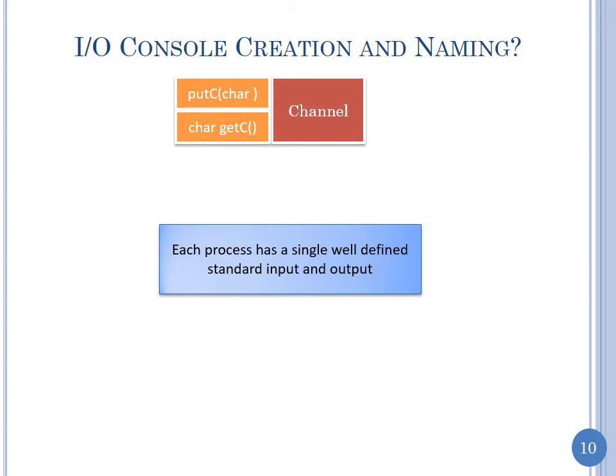This is an issue we did not quite face when we were looking at console input output. This should not be channel, this should be console here. In that case, we had a single input and output that is bound to a process. So the process doesn't have to create it; it's given to it by the operating system. There's no abstraction needed to create the object.